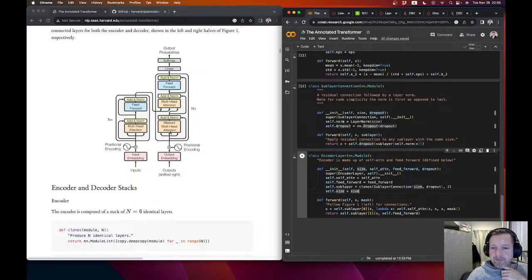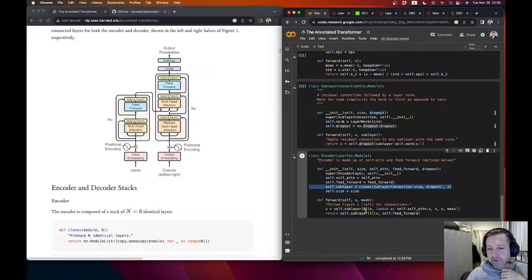And then I guess this is this bit, right? So first we do the sublayer connection, the first one. Here we have two clones, right?